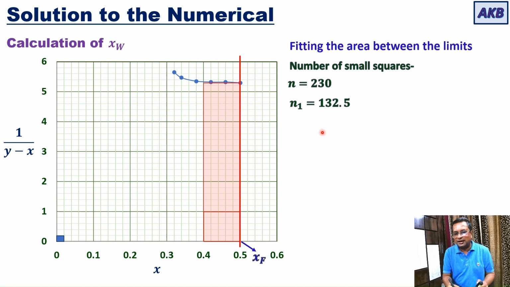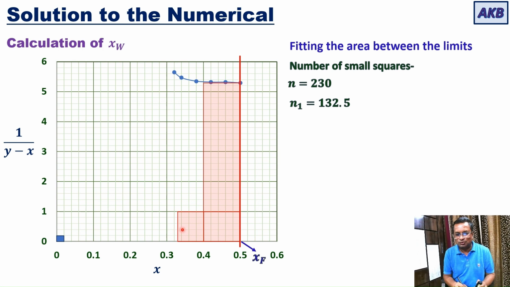Now the remaining squares will have to be accommodated, and depending on the remaining number of squares, you select the size of the region that you are going to cover. If I consider this region, now it is a rectangle. Horizontally there are 3.5 small squares and vertically there are 5 small squares.